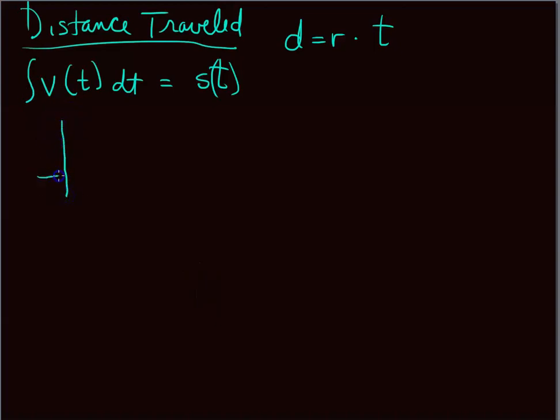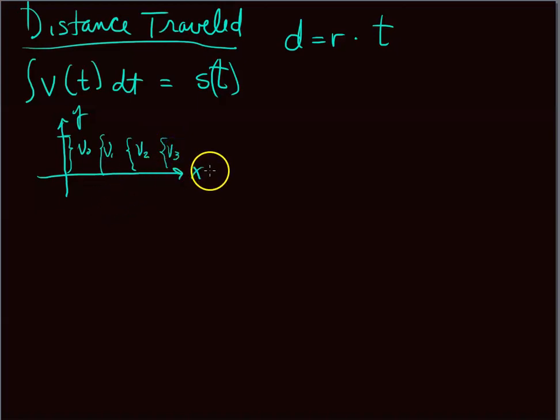Well, suppose this is the x and y axis, and we have a height that gives us the velocities, and another height gives us a velocity, another height that gives us a velocity, and another height that gives us a velocity.